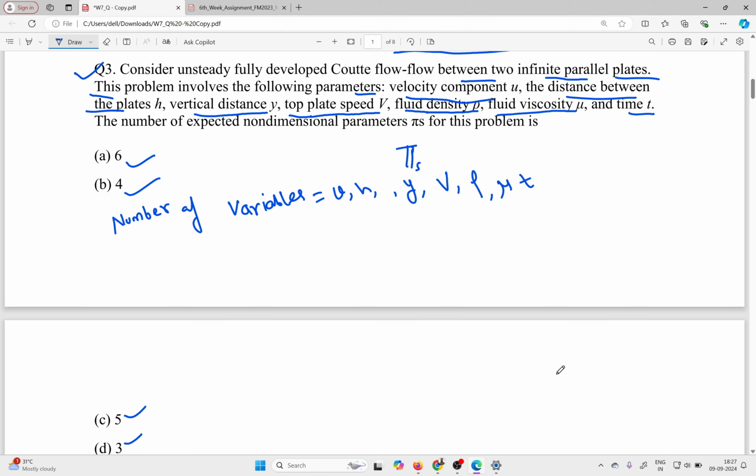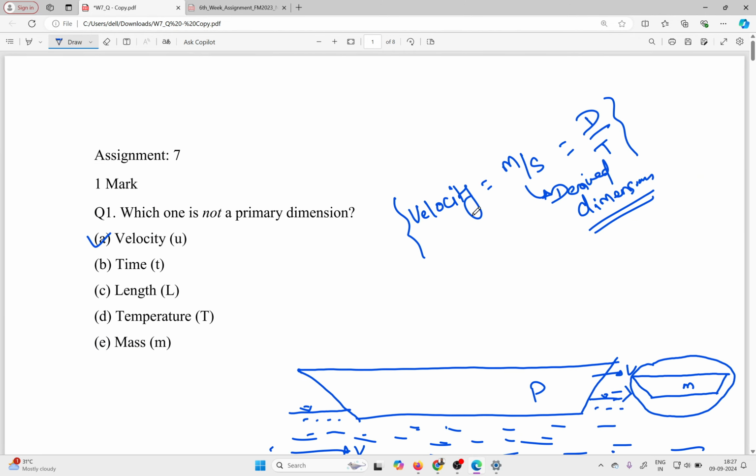Here you need to select three fundamental dimensions, the primary dimensions, as I was discussing.